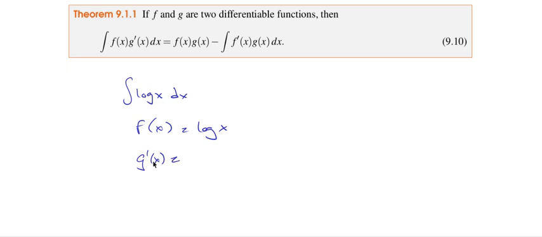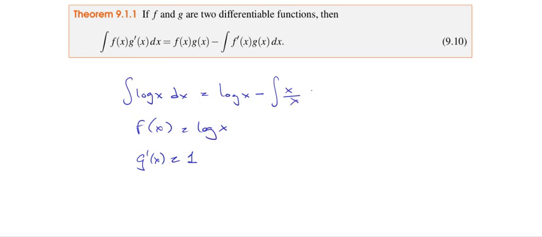But then g prime is, and this is a trick, equal to 1. So the integral of this is going to be the logarithm of x minus the primitive of 1, which is x, one of the primitives, times the derivative of the logarithm.